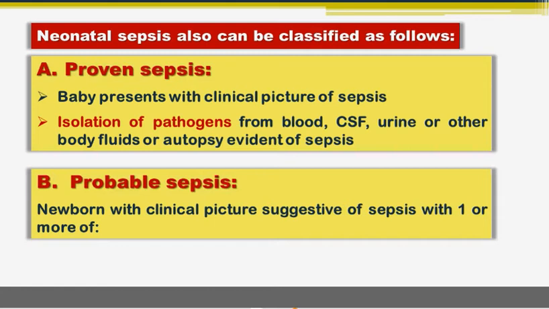Then, isolation of pathogens from blood by blood culture, CSF culture, urine, or other body fluids, or autopsy evidence of sepsis. So proven sepsis is a clinical picture plus culture from body fluids, blood, etc.